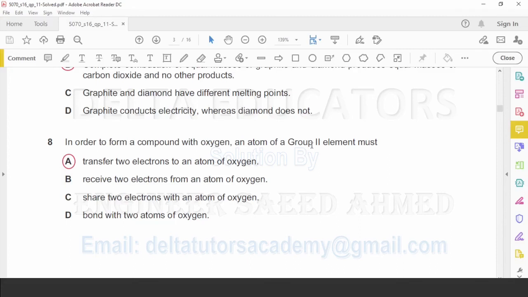In group 2 member, there is 2 electrons in the last orbital and in oxygen there is 6 electrons in the last orbital. So one atom of oxygen will gain 2 electrons from one atom of this group 2 member. So here 2 atoms will not bond, only one atom of oxygen will bond with this group 2 member. So option D is also incorrect. Correct option, option A.